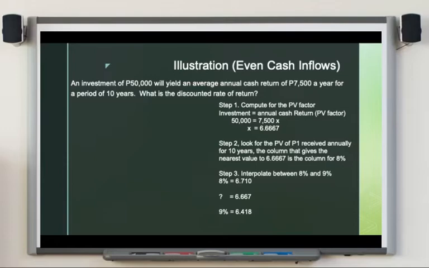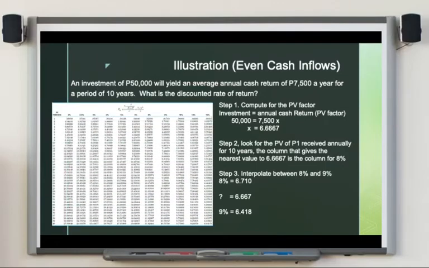And using algebra, combining similar terms and transferring x to the left side, we will get 6.667. Now step 2 is to look for the present value of 1 received annually for 10 years, or in short, the ordinary annuity for 10 years. The column that gives the nearest value to 6.67 is the column for 8%.